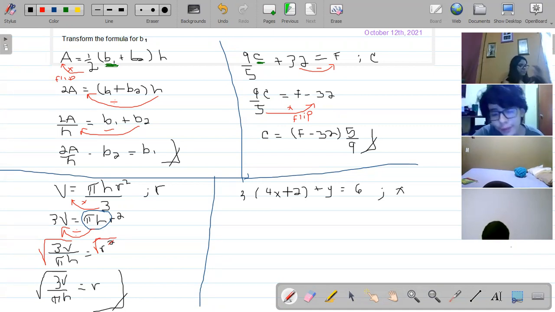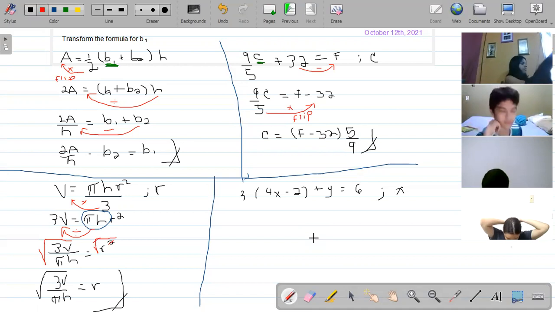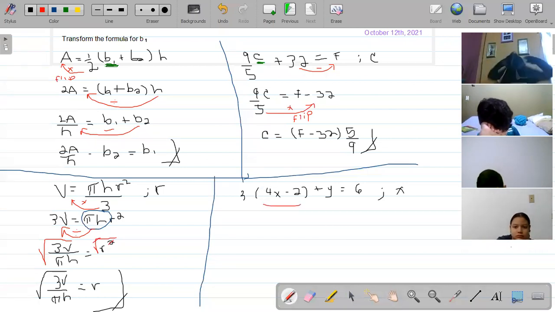Firstly, we need to move the expression to the right. Which expression? What should I move to the right? All of this? Or just this?